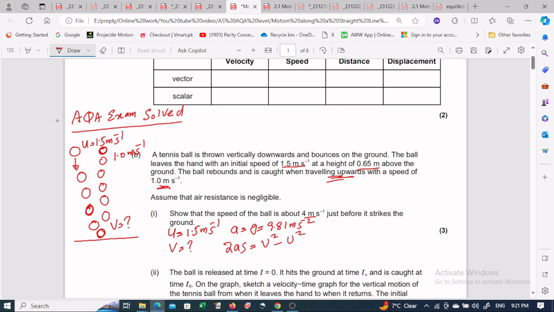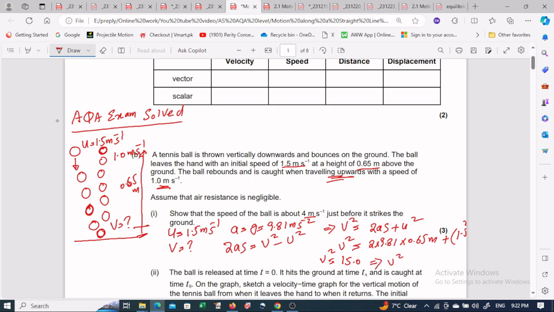We have to find v squared, so we rearrange this equation: v squared is equal to 2as plus u squared. We put the values: 2 times 9.81 times the distance, that is the height given, 0.65 meter, between these two points, plus 1.5 squared. When we solve this, we get 15.0.